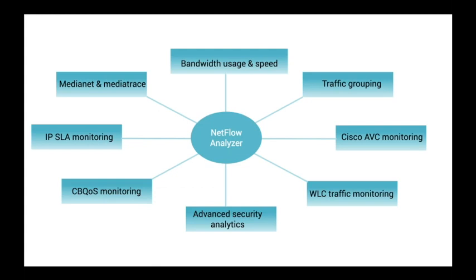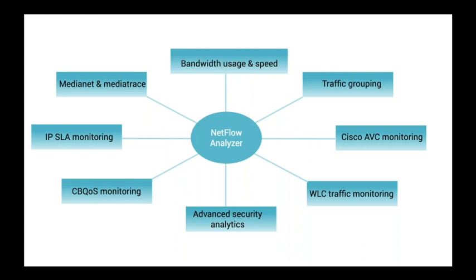NetFlow Analyzer is a flow-based bandwidth monitoring tool which can tell you the traffic speed and the bandwidth consumption in your network. You can also group your traffic by IPs, interface, and device so that you can categorize the traffic based on a particular department or critical applications in the network, or group them based on WAN traffic.